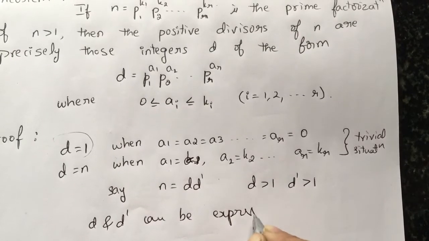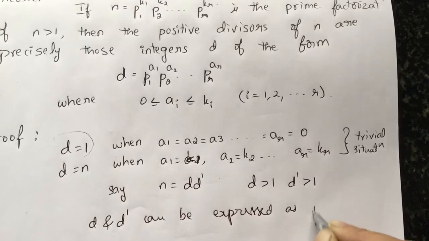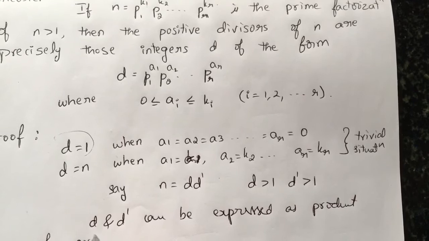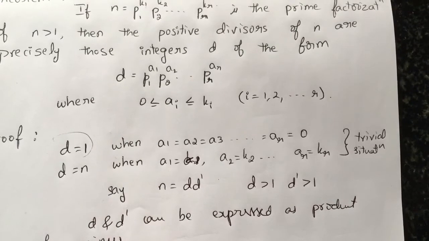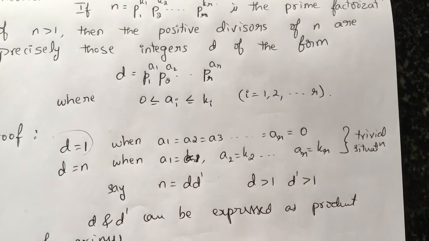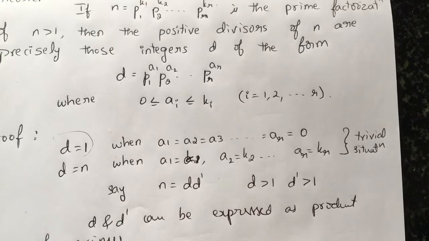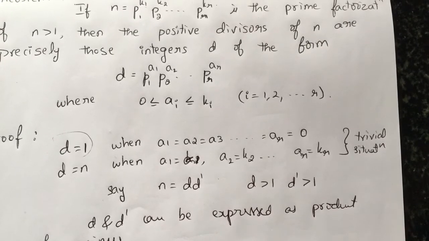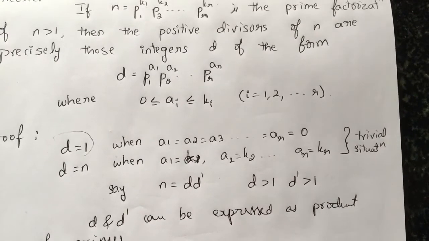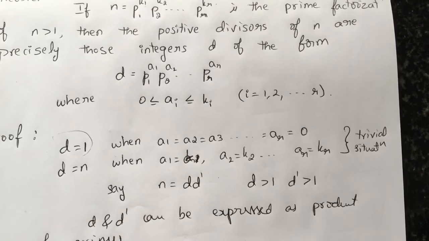So both d and d dash can be expressed as a product of primes. Say d equal to q1 q2 up to qs, and d prime equal to say t1 t2 up to tu, where these are primes.